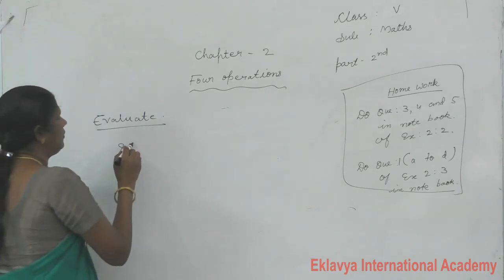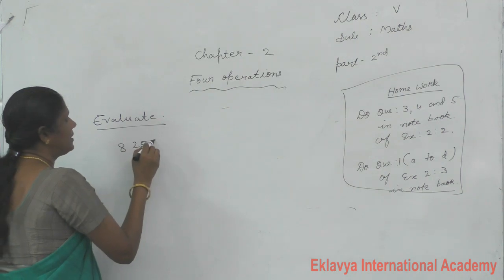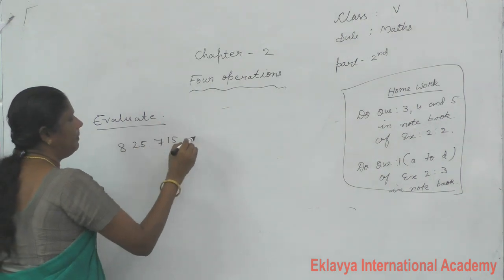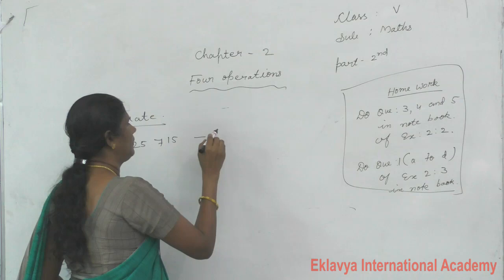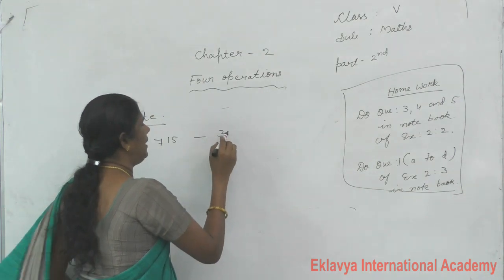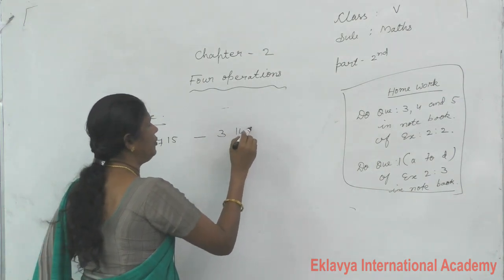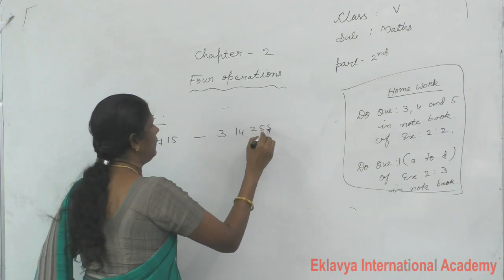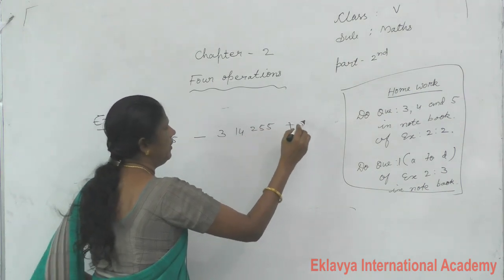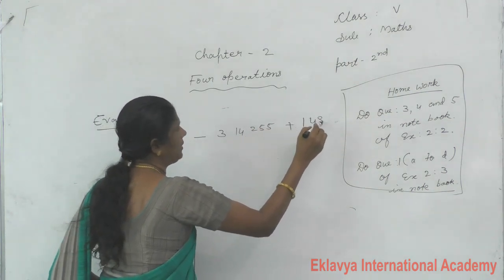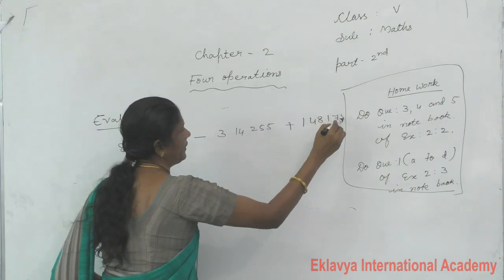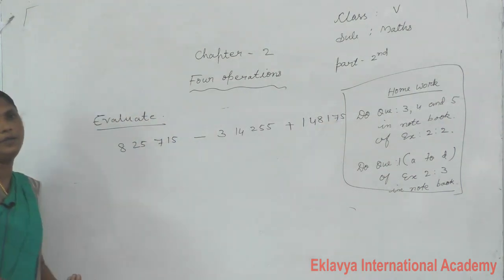Eight lakh 25,715 minus 3,14,255 plus 1,48,175. Listen here.